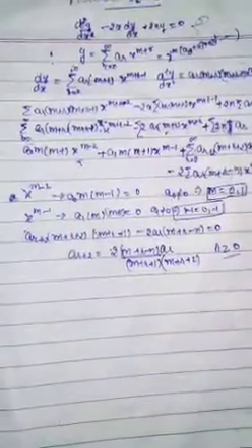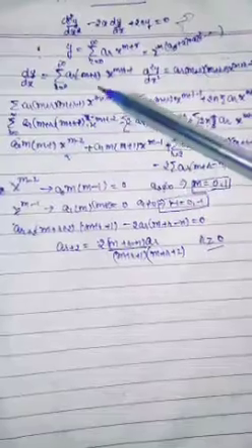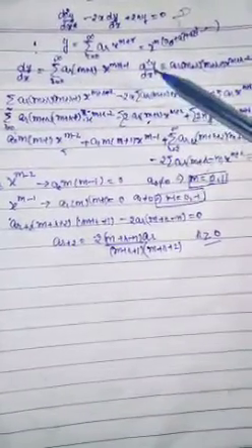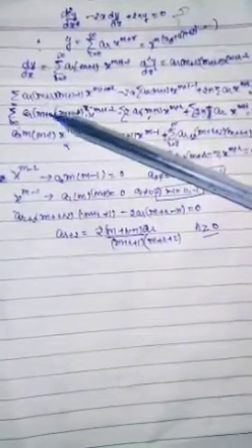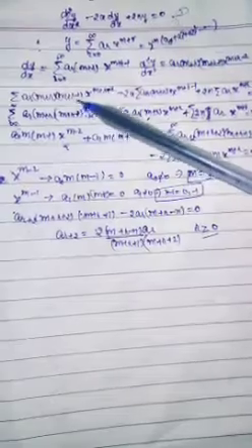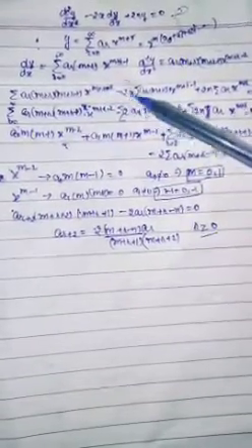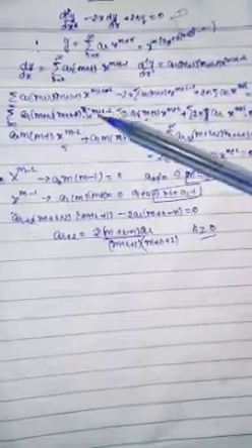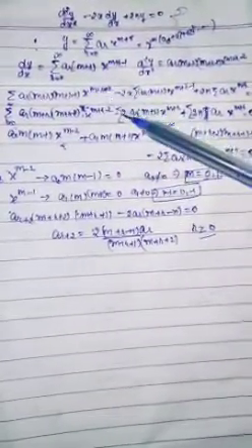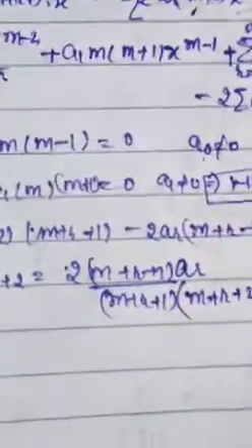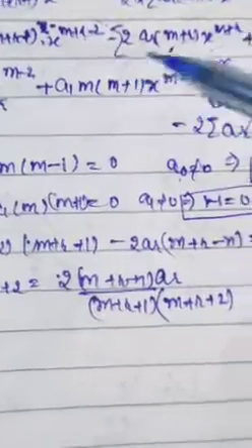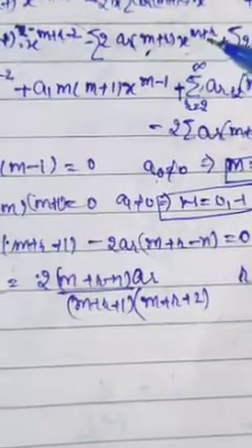When we solve this condition, we put the value of dy by dx and d square y by dx square like this, and we get the results like ar times m plus r times m plus r minus 1 times x raised to the power m plus r minus 2. When solving this, we can see here that x raised to the power m plus r minus 2 exists, and in the next term x raised to the power m plus r exists.